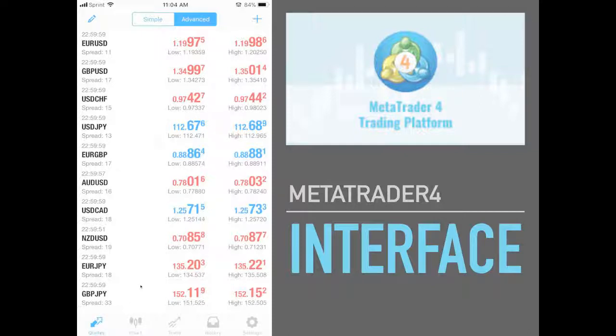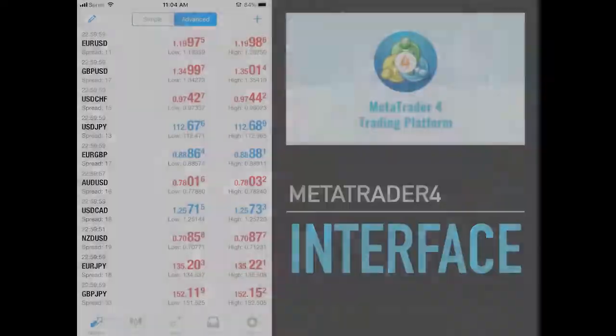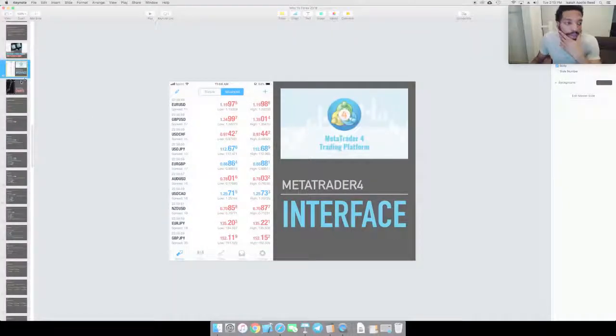If you click on this tab, you'll find many more pairs based on what broker you have, but these are just some I had on mine. Now we're done with the quotes. This is how you'll read the quotes on the quotes page and see the different currency pairs.